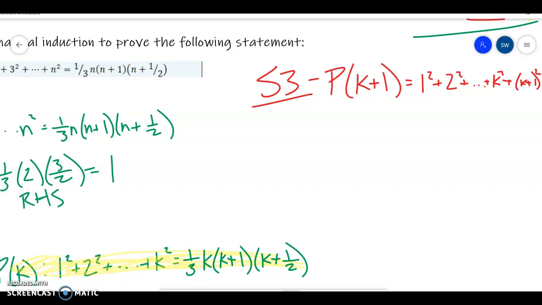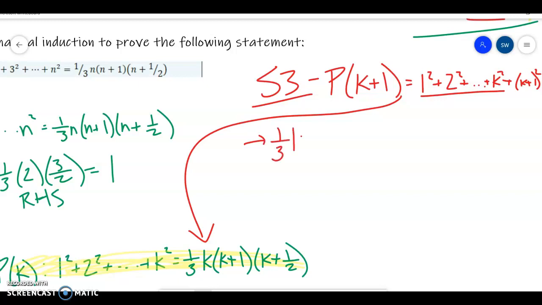We know from the assumption that this is equal to this, so we're going to substitute that in. We have 1/3 k times k plus 1 times k plus 1/2, but then we still have this additional k plus 1 squared.